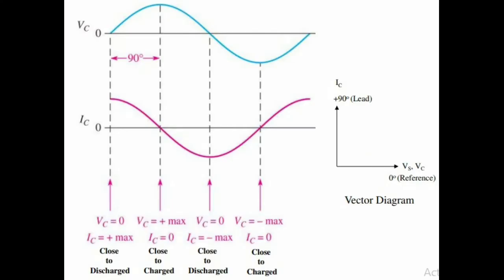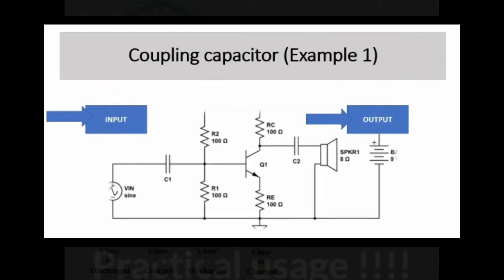Similarly, when the voltage again becomes 0, the current has reached its maximum level but on the negative side. And again the voltage comes to its maximum and the current comes to 0. So if you understand this graph, you'll understand how current and voltage are interlinked when a capacitor is connected in an AC circuit.